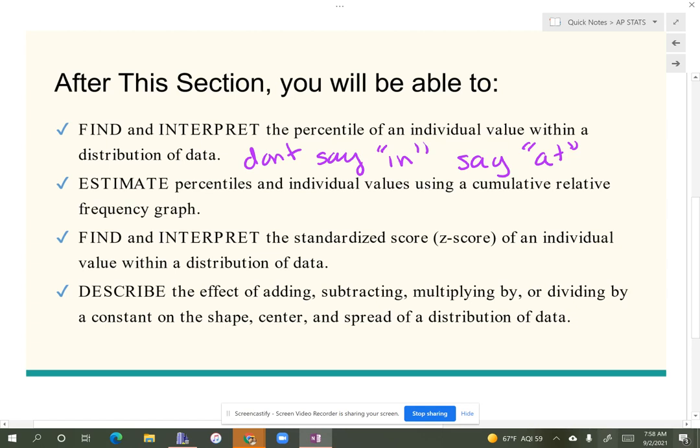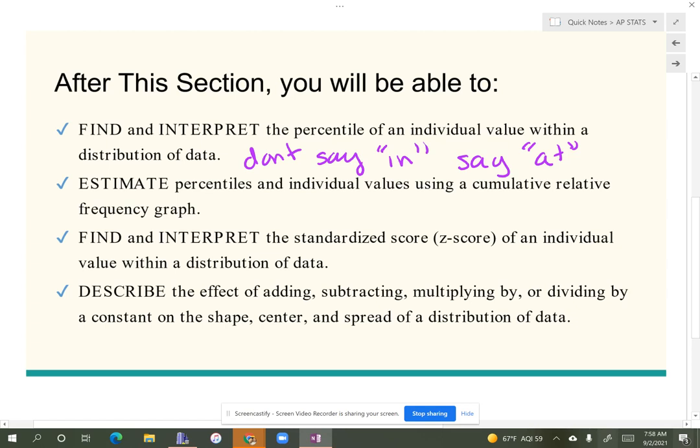his height would always be like the 70th percentile, meaning his height was bigger than 70% of the entries that they had.